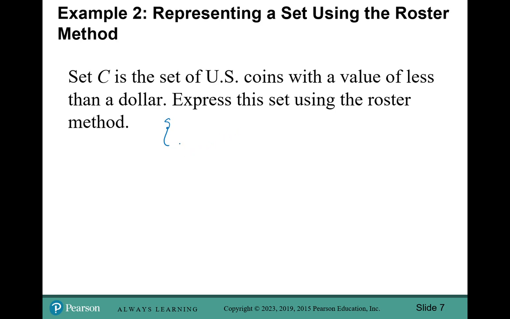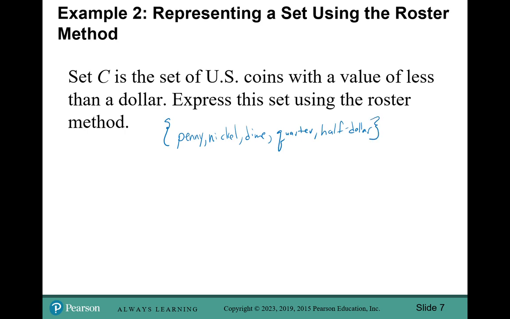I'm going to start with the smallest one I can think of that is less than $1. That would be a penny. Next, we have a nickel, a dime, a quarter, and we still do have some half dollars.